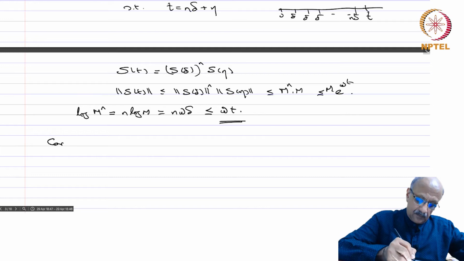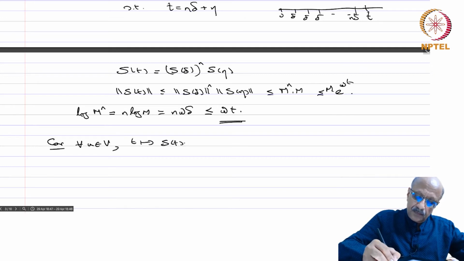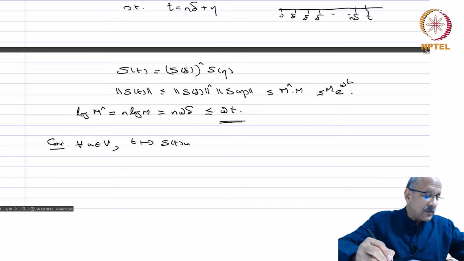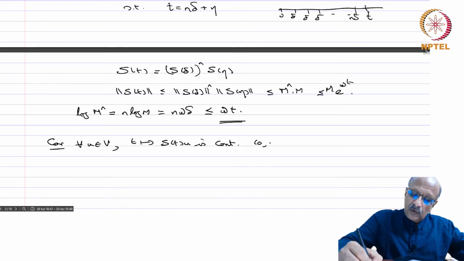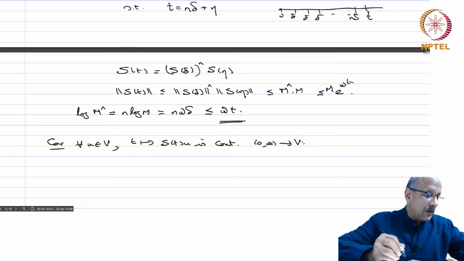Corollary. So, for every u in V, you have t going to S t of u is continuous from 0 to infinity into V. Okay. So, proof.